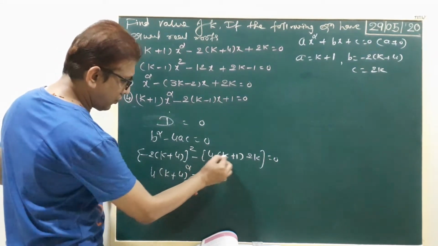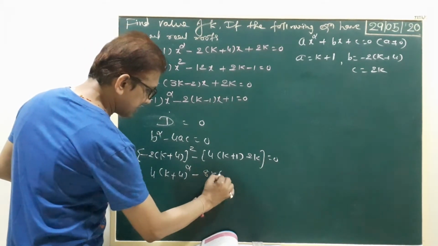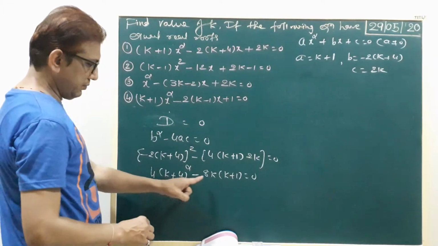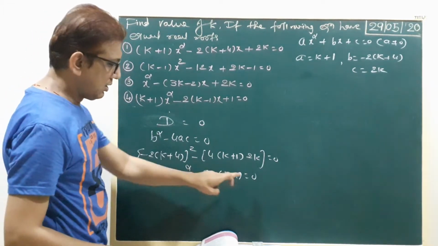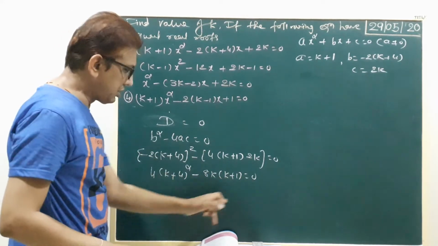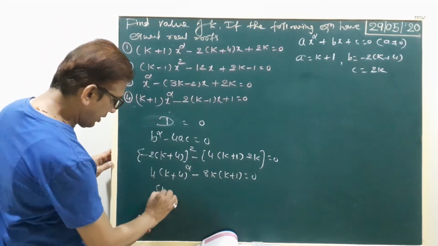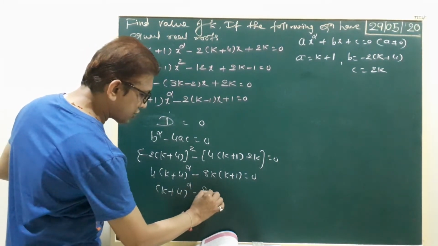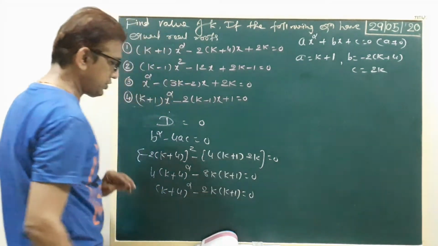Now 4 2s are 8, k as it is, and here k plus 1. In the whole equation 4 is common. On the right side 0, and 0 divided by 4 is 0, so the whole equation is divided by 4. Now our equation is k plus 4 whole square minus 2k into bracket k plus 1 equals 0.